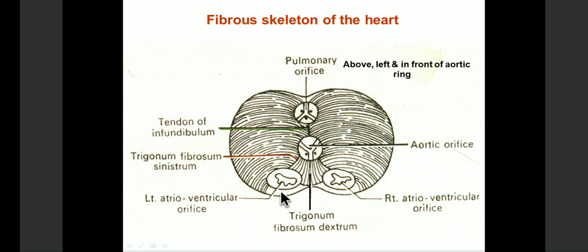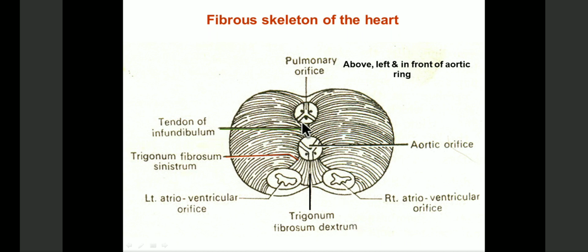Posteriorly, the left atrioventricular orifice and the right atrioventricular orifice again are surrounded by this fibrous ring, and these two are also connected with the aortic fibrous ring by another fibrous structure which we call the pericardium fibrosum dextrum.